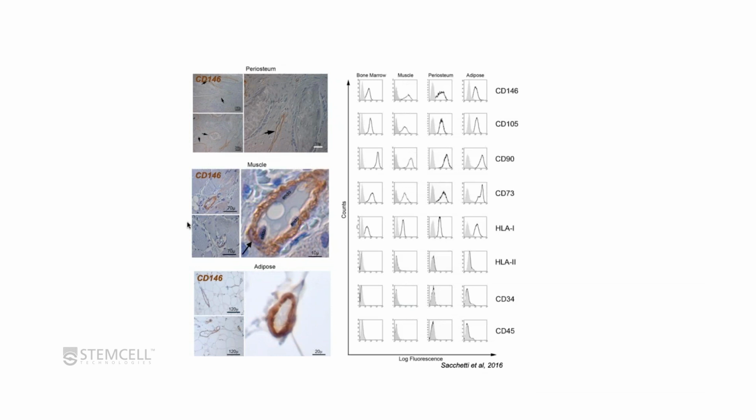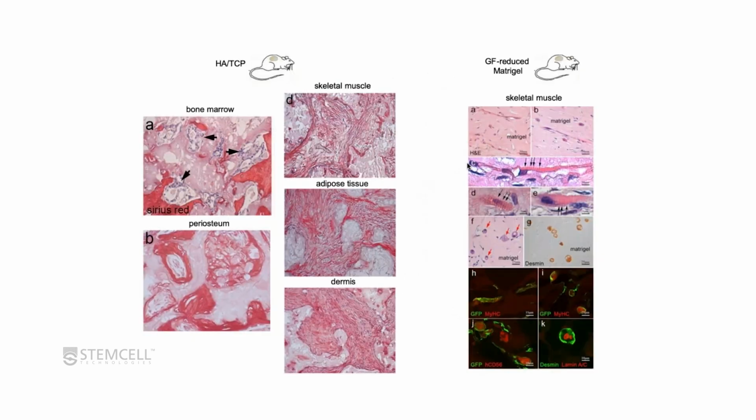So in vivo, these cells all share the same anatomic location, and in vitro, they share the same surface phenotype and the same clonogenic activity. However, when they are transplanted in vivo with an osteoconductive carrier, they behave in a completely different way.